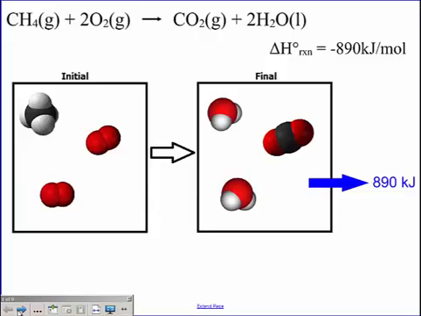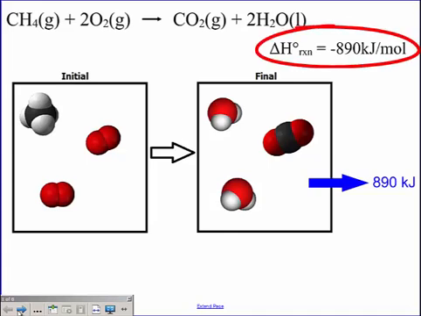Here's that same thermochemical equation in symbol and particulate form. The thermochemical equation tells us that 890 kilojoules of heat are released when 1 mole of CH4 reacts. It also shows that 890 kilojoules of heat are released when 2 moles of oxygen react. 890 kilojoules are released when 2 moles of water are formed.